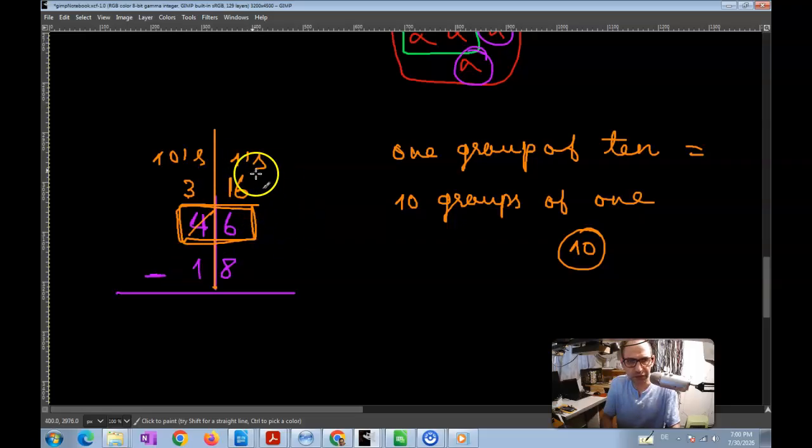Now I have these 16 loose ones over here, and I want to take away 8 from that, which of course now is not a problem. Meaning 16 minus 8 is just simply an 8. And then from 3 groups of 10, I want to take away one group of 10, which means 3 minus 1 is equal to 2, and then the answer is essentially 28.